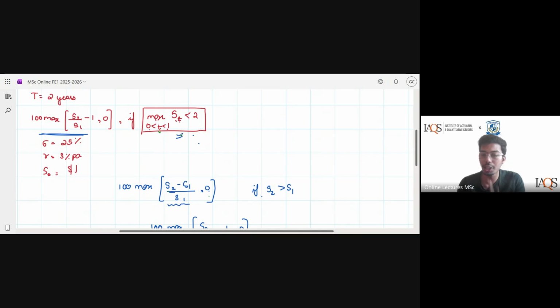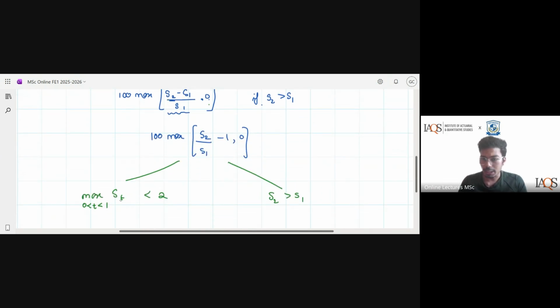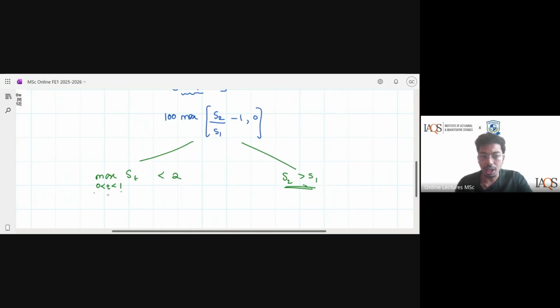There are two conditions on which you will get the payoff. The first condition is that the maximum value of your underlying asset price between 0 and 1 has to be less than 2. And the other condition is that S2 has to be greater than S1. Because if this is not the case, then your payoff is going to go negative, which is then floored to 0. Hence, you are going to get nothing. Fair enough? Now, can I say that this is a condition from time 0 to 1?